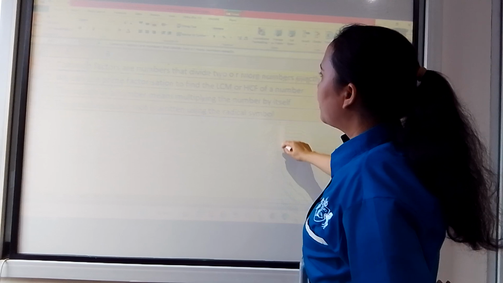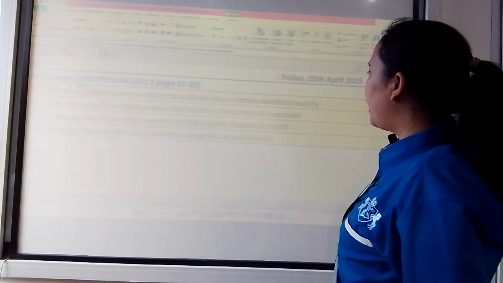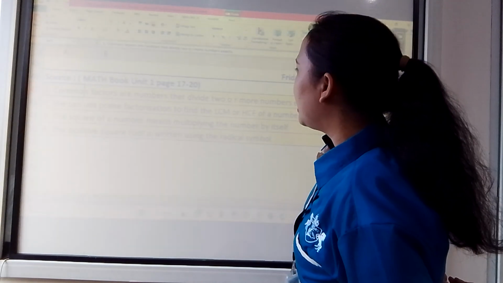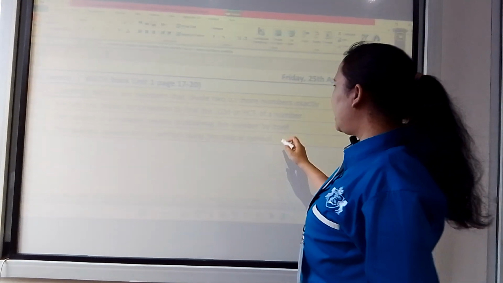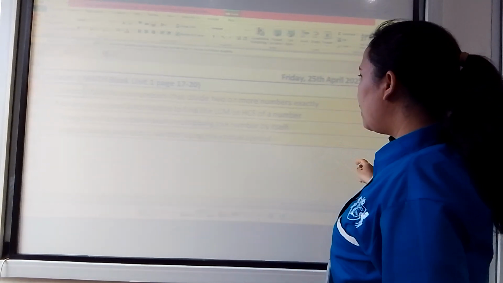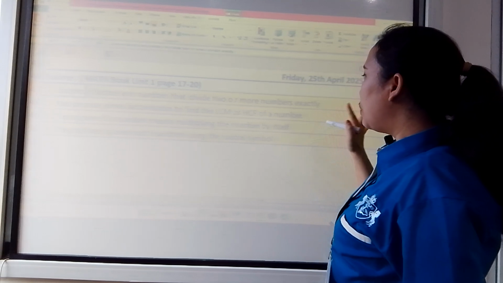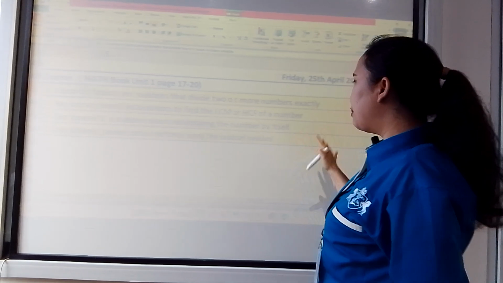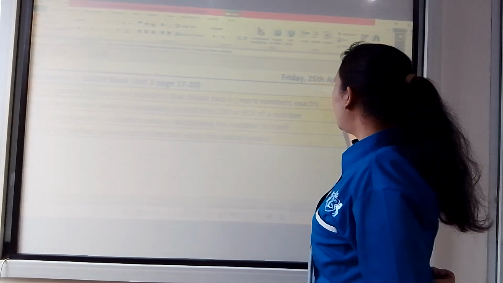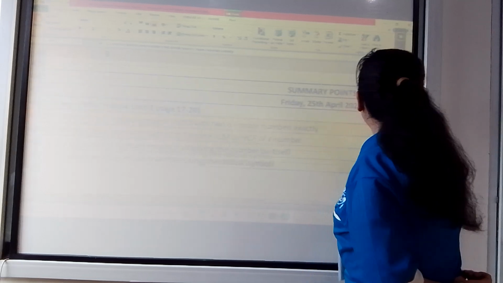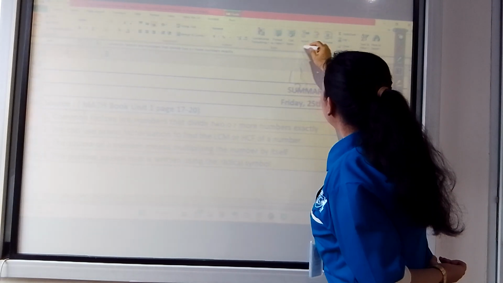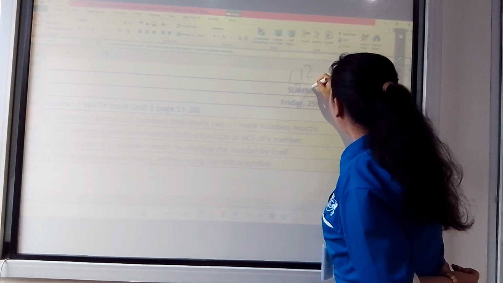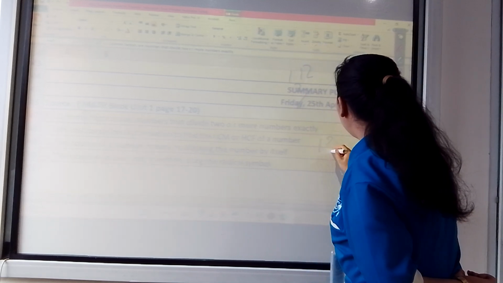The next one: common factors are numbers that divide two or more numbers exactly. For example, 12 and 18.